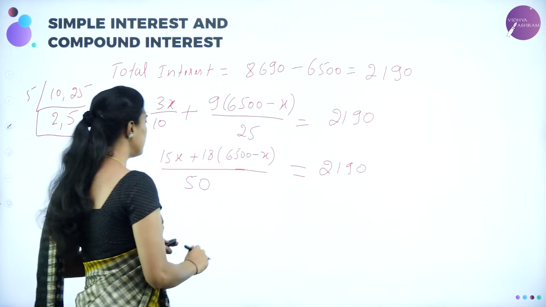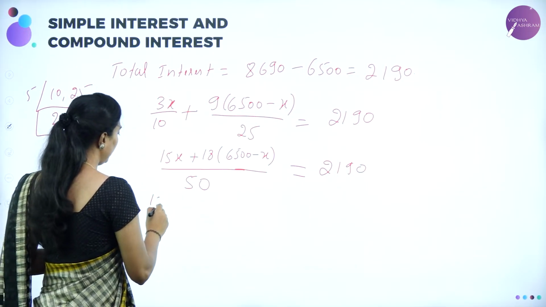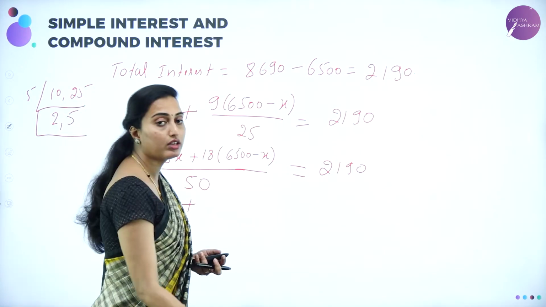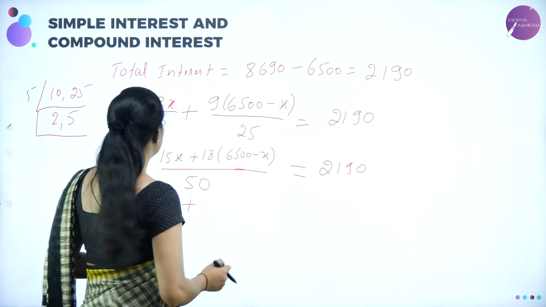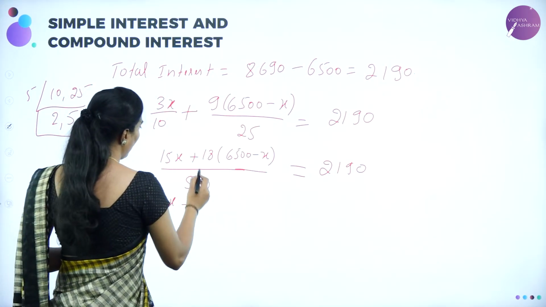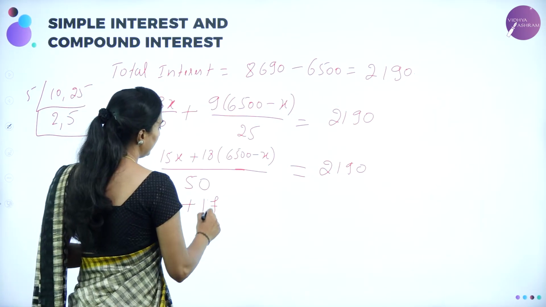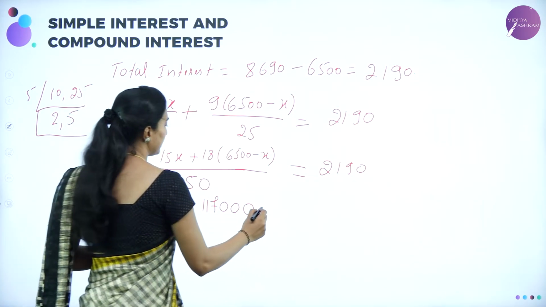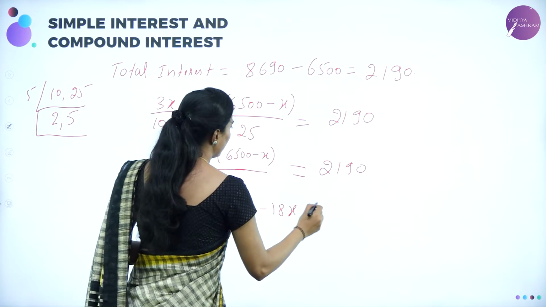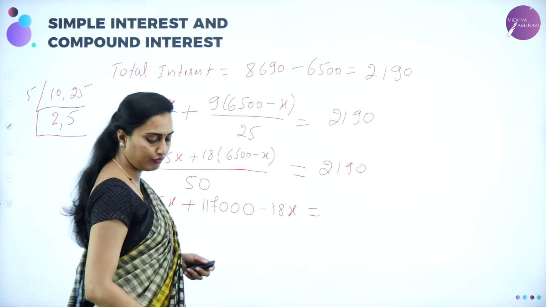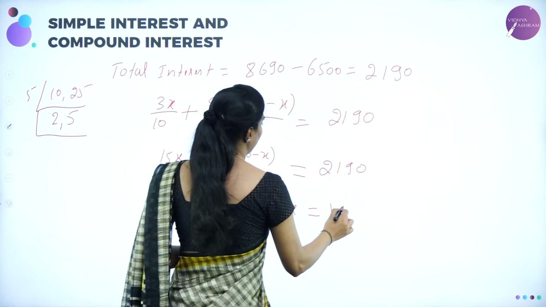Now cross multiply this. You are going to have 15x plus 18 into 6,500, which is 1,17,000, minus 18x, equal to 2,190 into 50, which is 10,09,500.